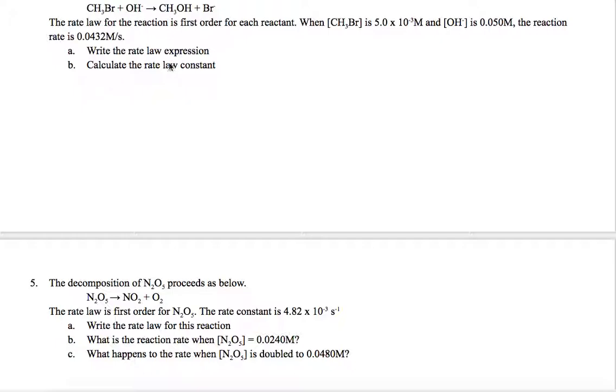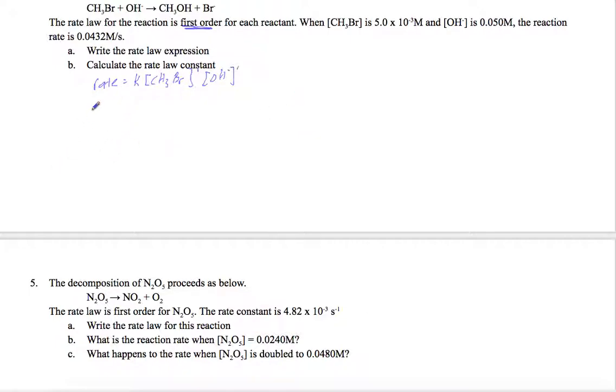All right, the rate law for this is going to be, and it says it's first order for each reactant, so 1 and 1 there. And so now we can plug things in. What is the rate constant?